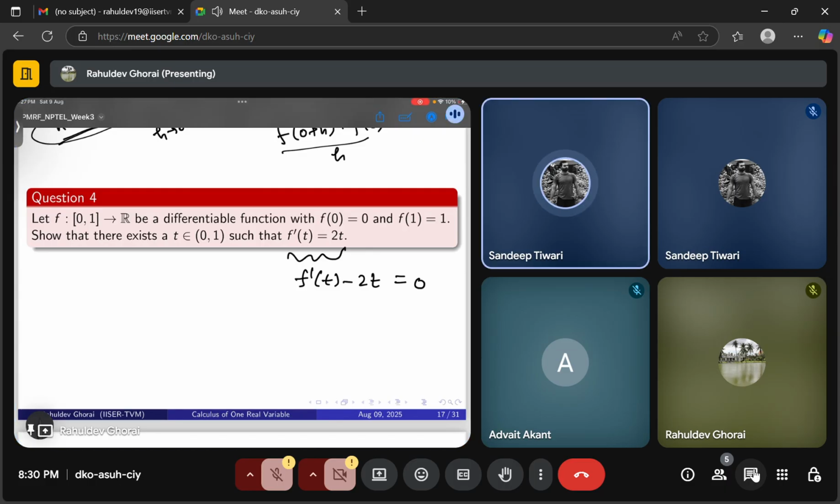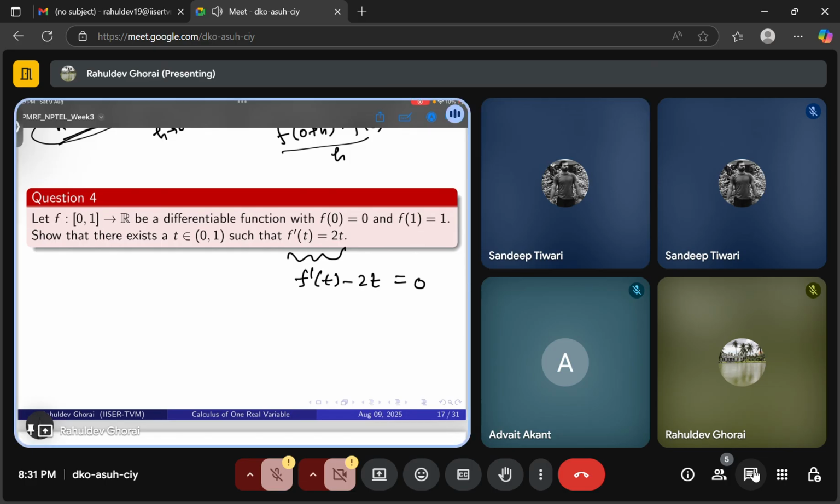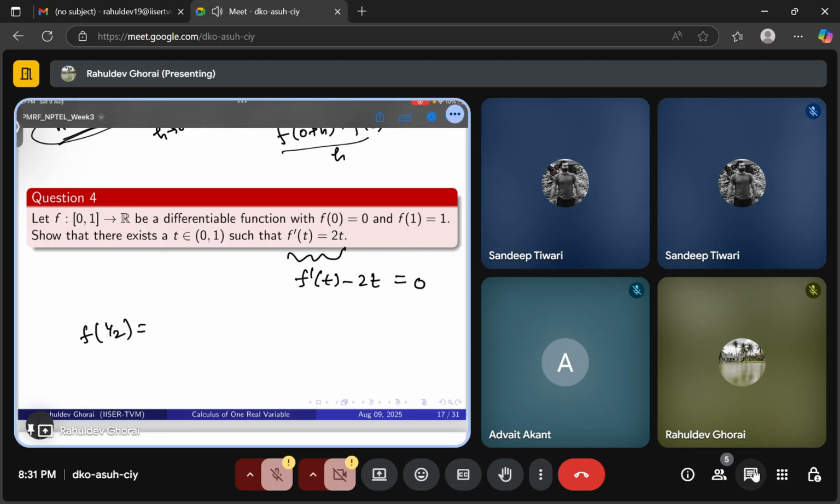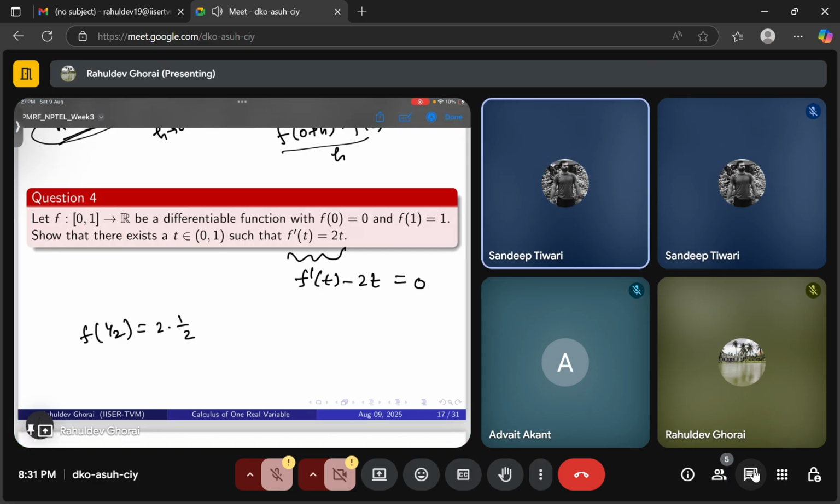f of 1 by 2 is equal to 2 times 1 by 2, which is 1.